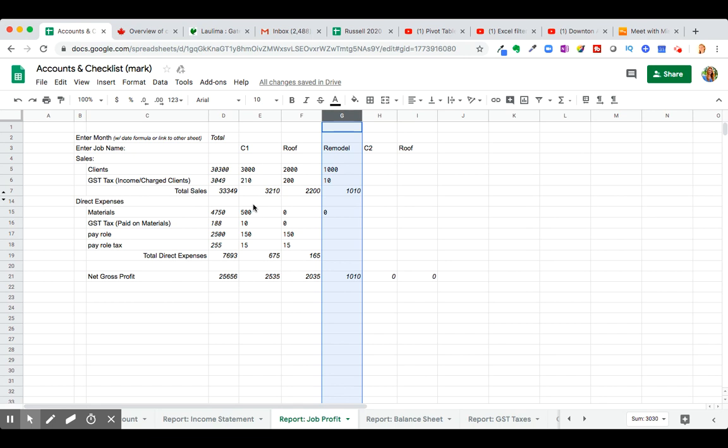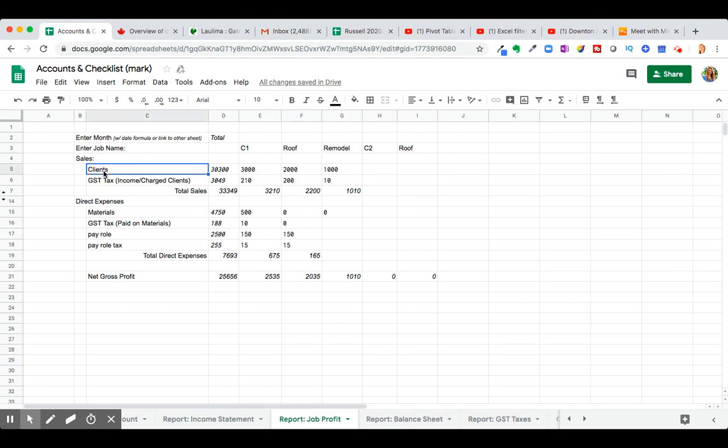And maybe if you can get your September numbers in there so that from there we could play with some real numbers. The other thing that I was thinking is instead of doing clients here, would you want to either do the name of your client or the type of job as your sales income accounts?